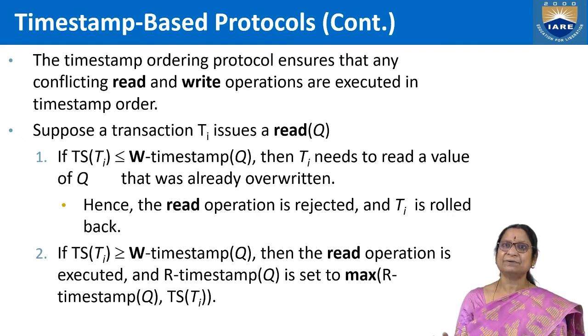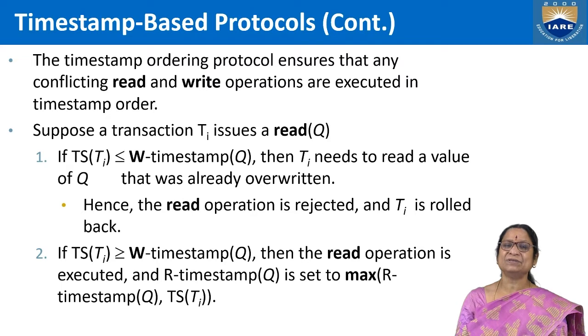If the timestamp of TI is less than the write timestamp of Q, that is, if a write timestamp is already there for that particular Q and the current transaction's timestamp is less than it, then TI needs to read a value of Q which is already overwritten.